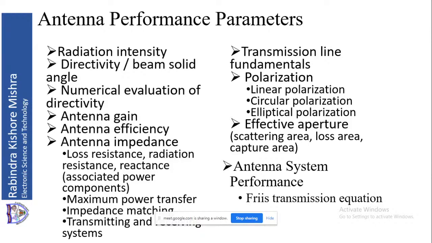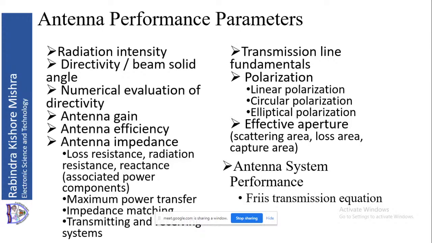Then antenna impedance. Under antenna impedance, you will have to say what is loss resistance, what is radiation resistance, what is reactance, and associated power components with reactance. Then what is maximum power transferred from the antenna to the space. Impedance matching: what you mean by impedance matching, and by transmitting and receiving systems in terms of antenna impedance.